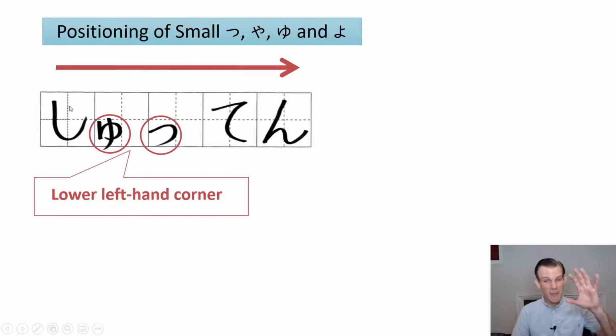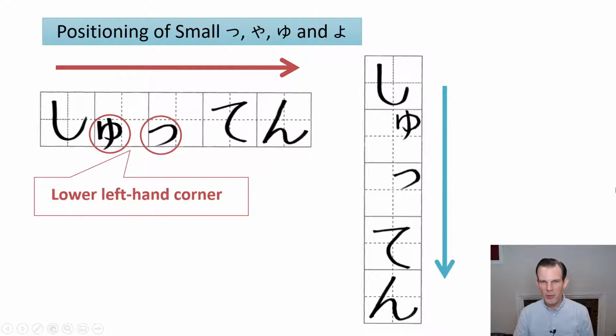If we think of every hiragana as taking up a square box, these are 1/2 the height and 1/2 the width of the regular characters. If you're writing in boxes, they appear in the lower left-hand box. If you're just writing on lines, you want to imagine them as positioned in that way.